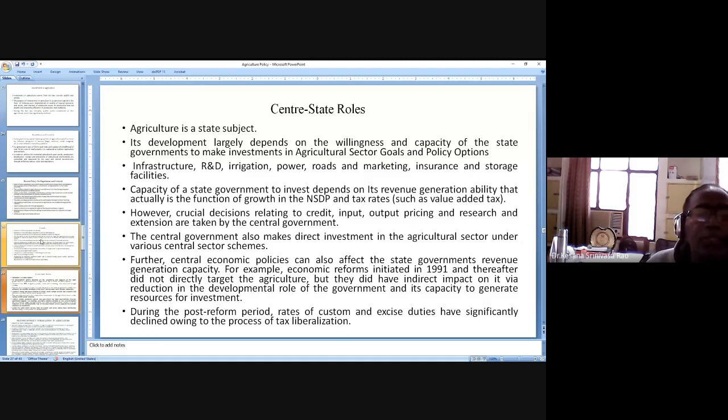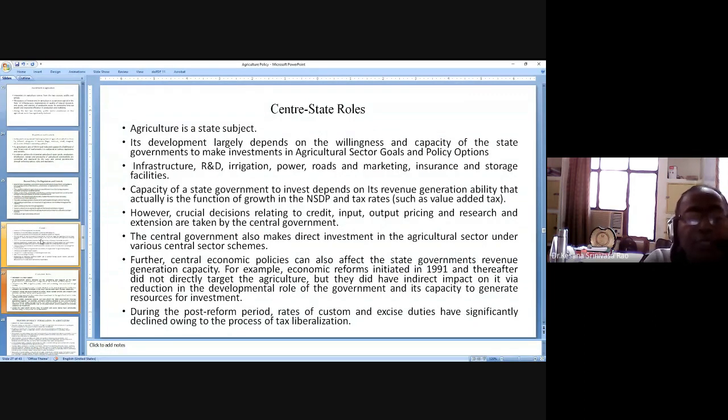Okay, so central economic policies can also affect the state government's revenue generation capacity. For example, the economic reforms initiated in 1991 and thereafter did not directly target agriculture, but they did have an indirect impact via reduction in the developmental role of the government and its capacity to generate resources for investment.